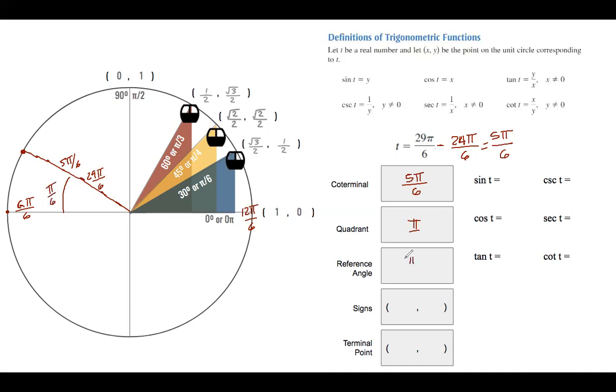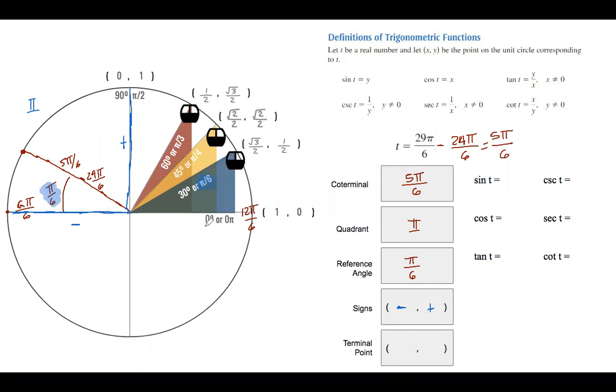Let's write it down. Pi over 6. The signs, we are on the second quadrant. That means that the values on the x-axis are going to be negative, and the values on the y-axis are going to be positive. The signs are negative and positive. Now let's direct our attention to this angle, pi over 6.